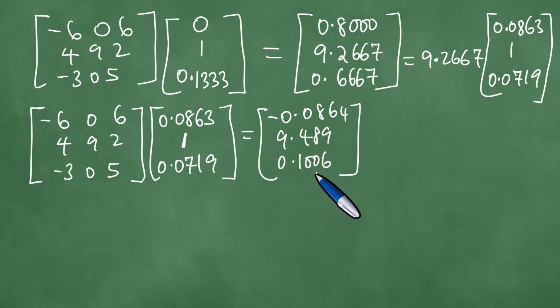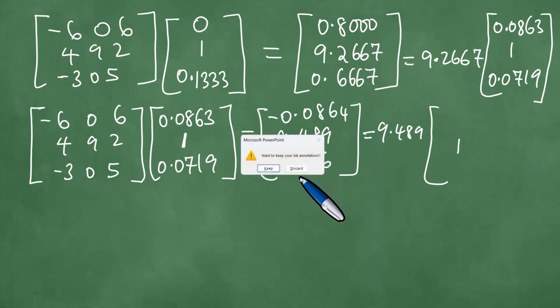And then now you're going to pull out the biggest one. So that is 9.489. And then now here it's going to be 1. And then here now you want to divide this by that. Let's use some division.